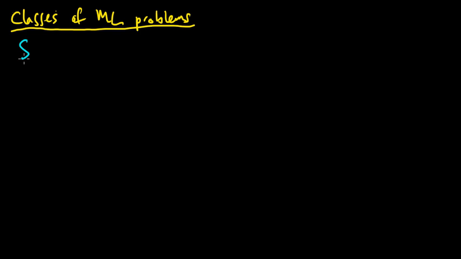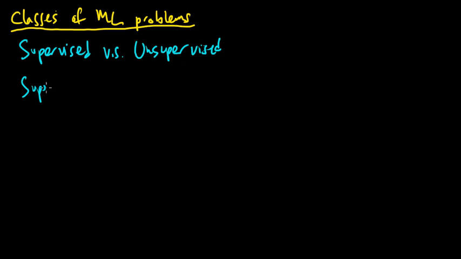So the first dichotomy that is often distinguished is supervised versus unsupervised. Supervised learning versus unsupervised learning. Supervised learning is probably the most canonical type of machine learning problem. So what is supervised learning? We're given a sequence.